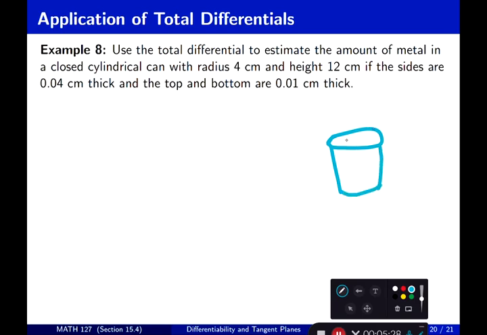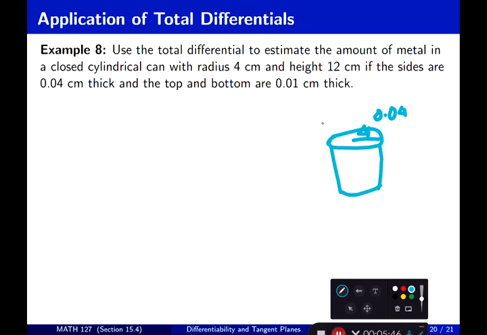The outer radius is 4, but the thickness of the metal in here is 0.04, so the inner radius is going to be that much less.